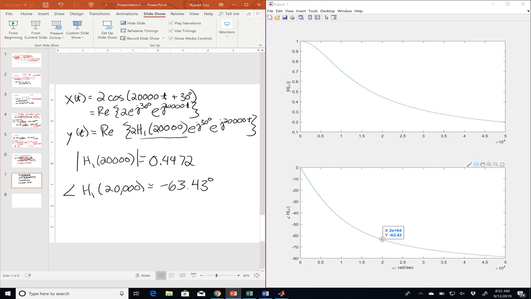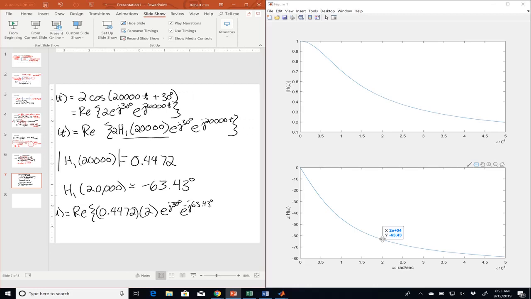That means that y of t is the real part of 0.4472 times the magnitude of the input times e to the j angle of the input, which is 30 degrees, times e to the j angle of h, which is minus 63.43 degrees, times e to the j 20,000 t.